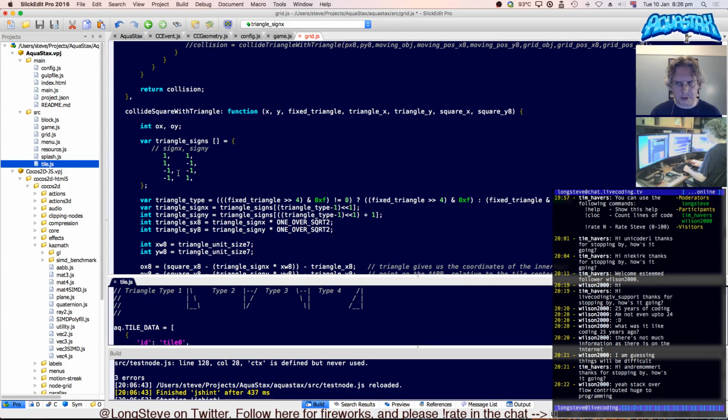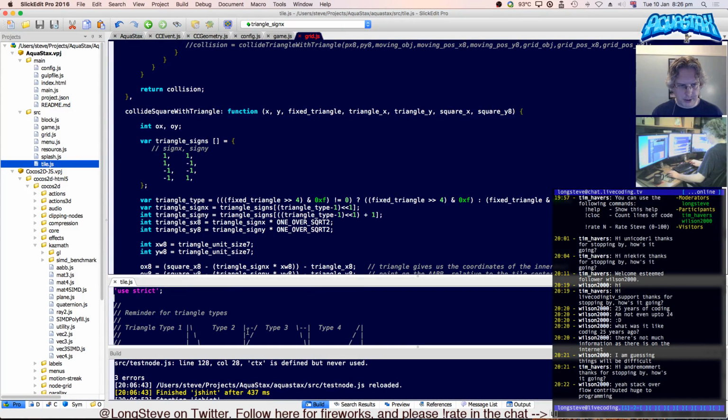The shift up by 1 is the same as times 2, so it's effectively going to be indexing this array by the triangle type minus 1. So triangle type is 1, 2, 3, and 4; it's going to be 0, 1, 2, and 3, and then index that array. That's a complicated way of doing it, but it looks like we've got sine x and sine y.